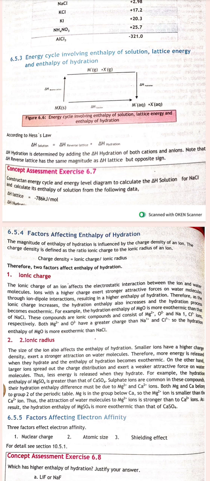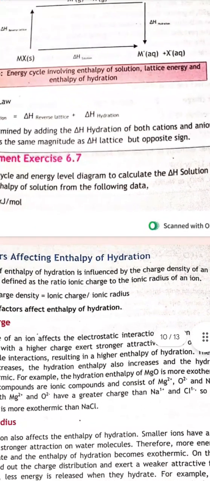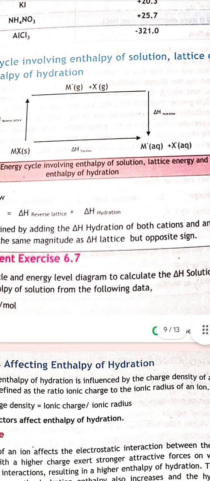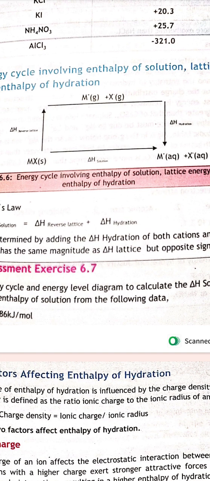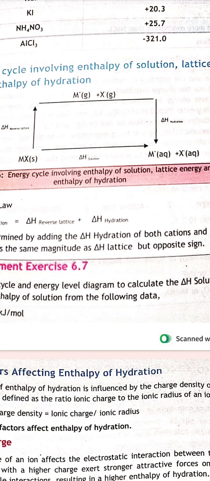So it's also a cycle, and we have del H solution, del H hydration, and del H reverse lattice. MX, the solid, is converted into M positive and X negative ions. For the hydration, and then for the solution, MX is converting into M positive and X negative.